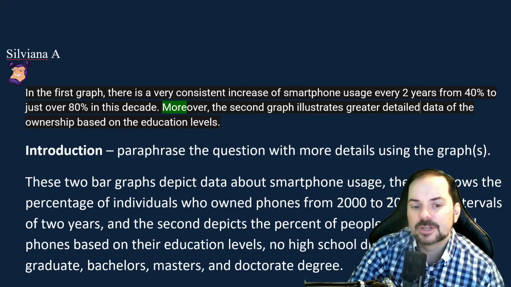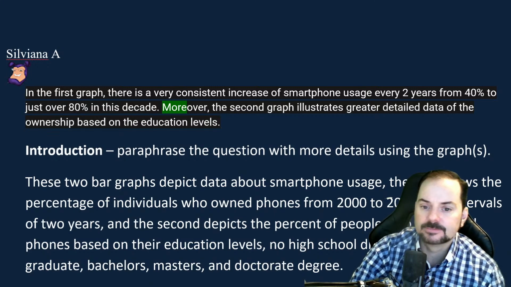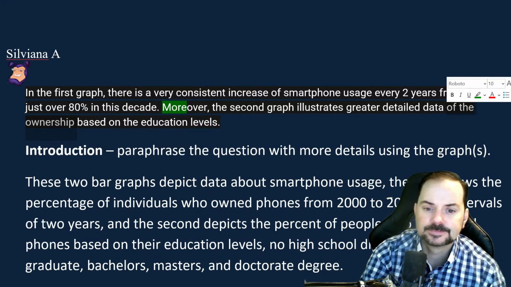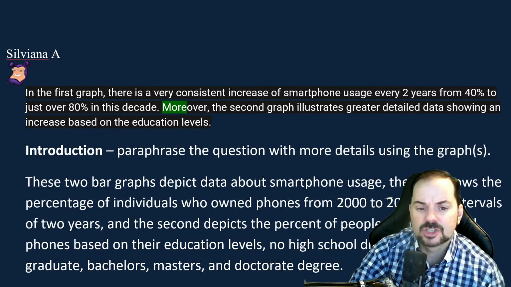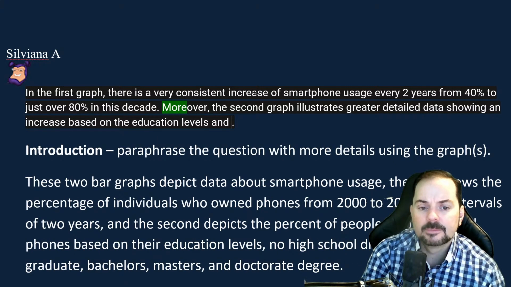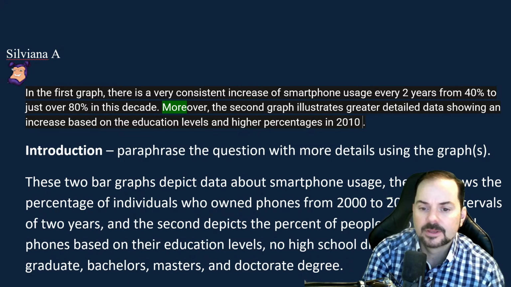We have that in the introduction. This is just a repeat of the introduction. Greater detailed data showing an increase based on education levels and higher percentages in 2010 than 2000.